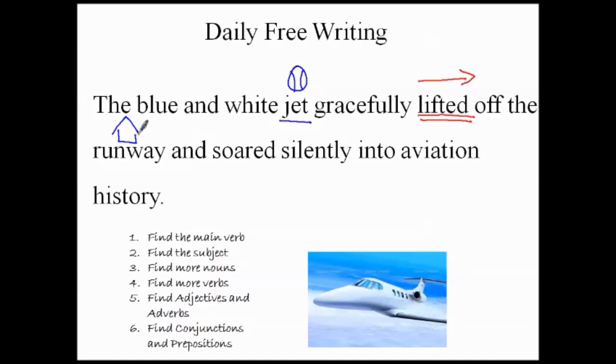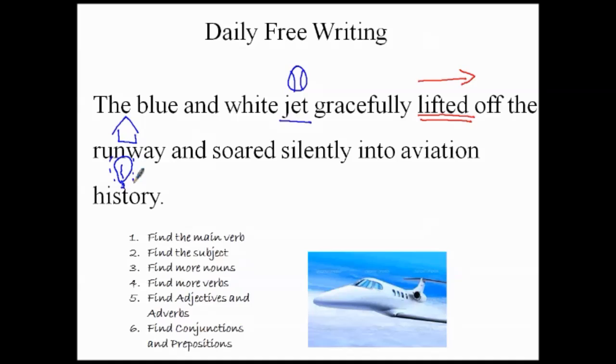And finally, we have the word history. History is kind of an idea. It's our record of the past. We can't touch history in the same way we can touch a person, place, or thing, but it is a noun. We call it a concept, and we put our light bulb code over the word history. Now, we have all of our nouns.